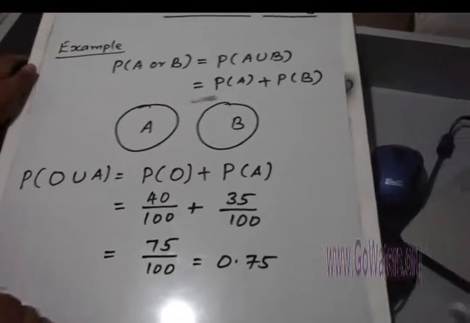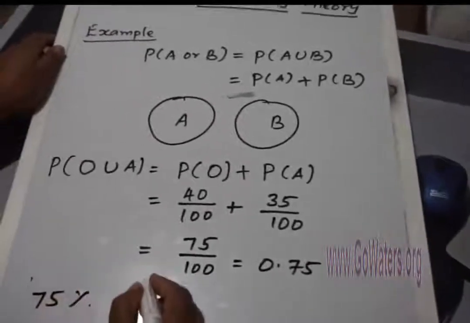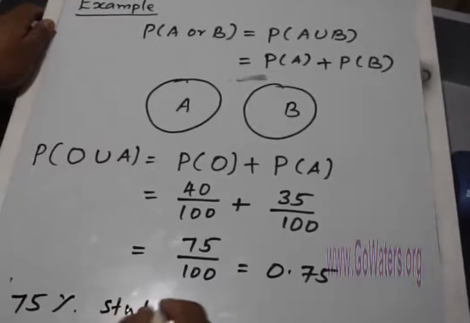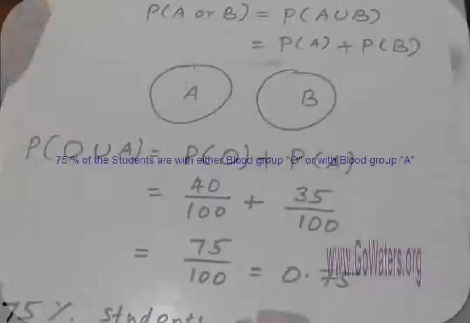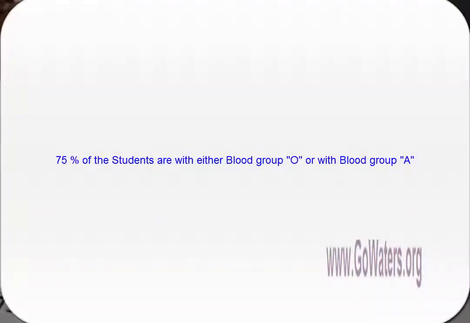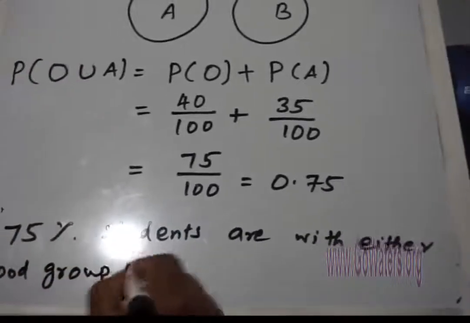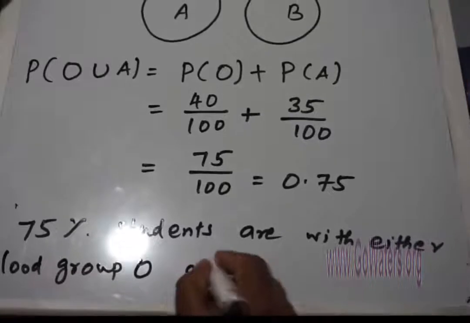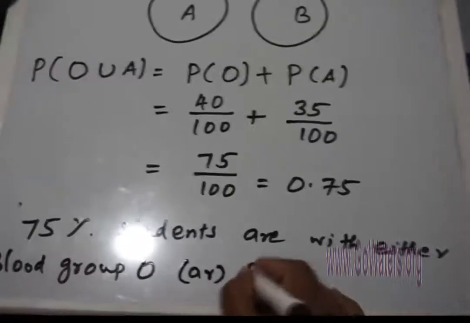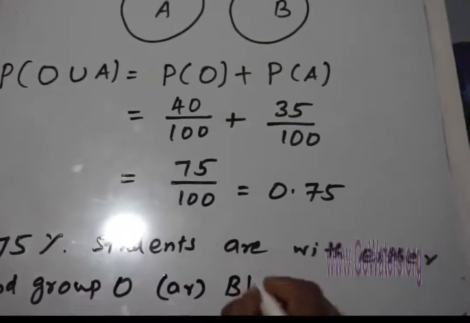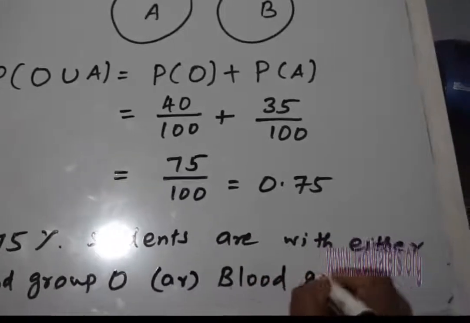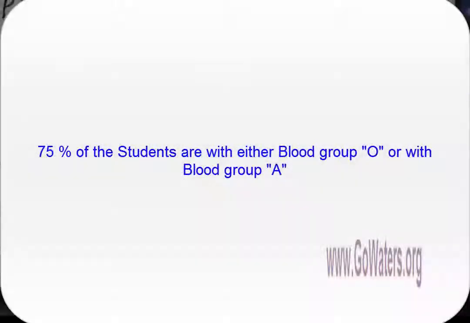That means 75% of the students are with either blood group O or blood group A. I hope this is very clear to you all.